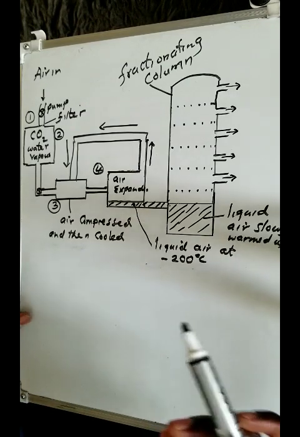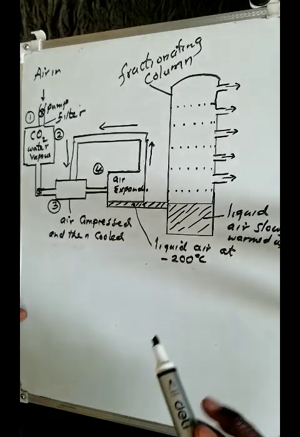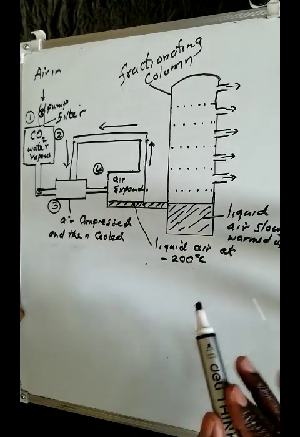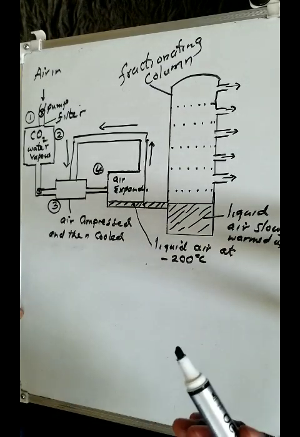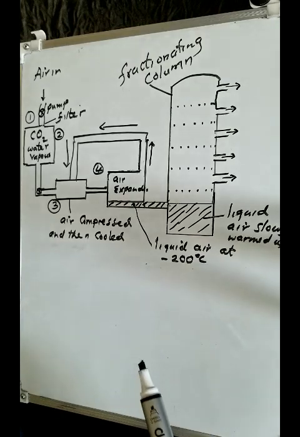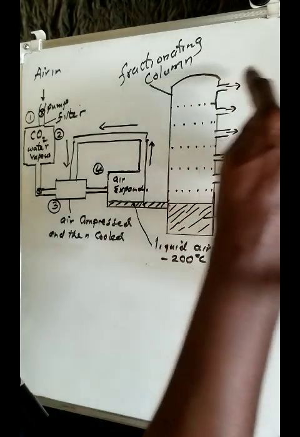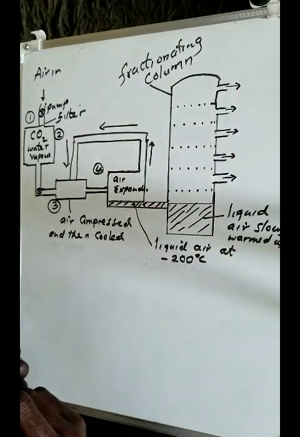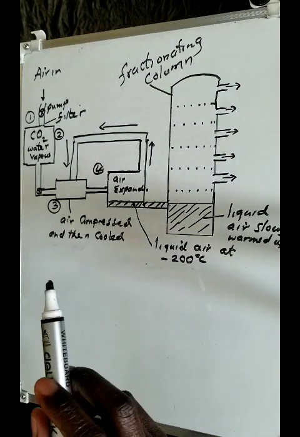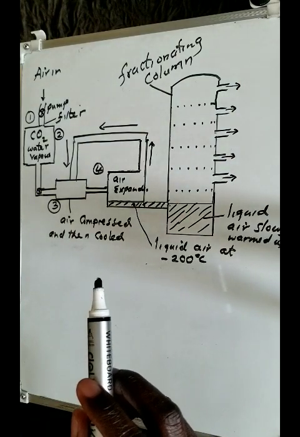Now, which one will be the first to be collected in the fractionating column? Well, nitrogen boils off first. That is what we know. Why is it that nitrogen boils off first? It is because the one with the lowest boiling point will distill from the top, and in this case we are talking about nitrogen.